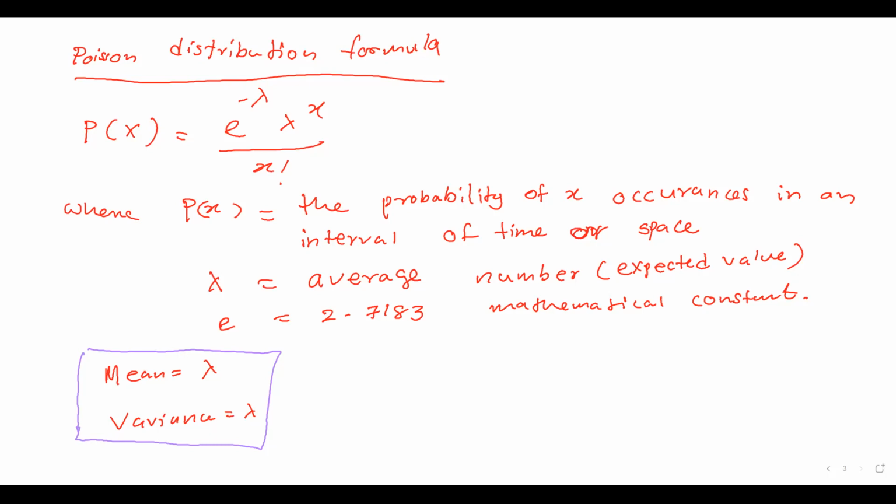Okay, right. Let's do an example. The average number of errors on a page of a book is 1.4. What is the probability that a page will contain 4 errors? I will write it here.